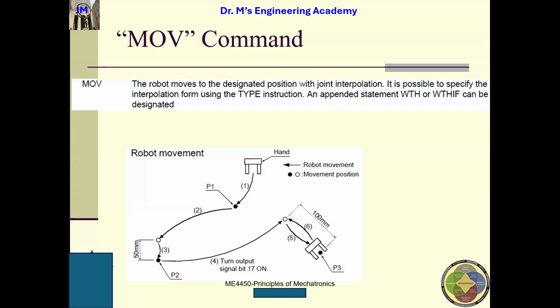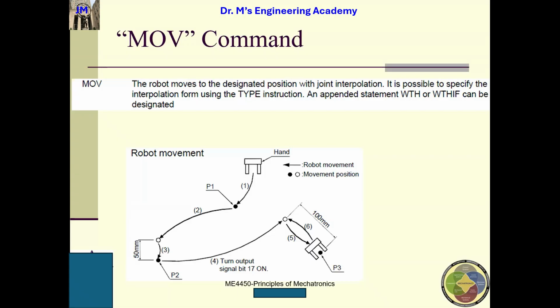However, I should go to a distance vertically above this position, and then go down. From here to here, I can use either Mov or Mvs, and then I open my hand. If my hand is already open, I can just close my hand, and then retract my hand to this position.